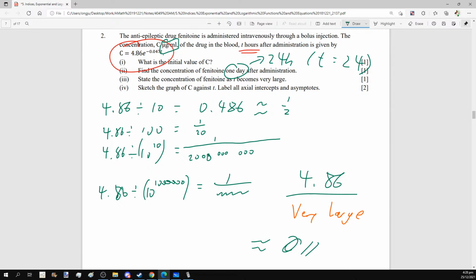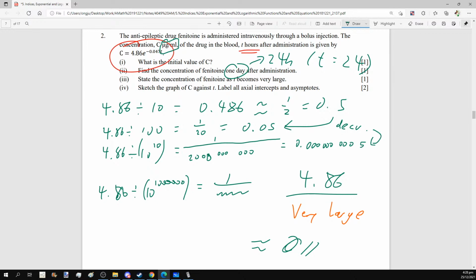Now the key then comes in converting everything to decimals. So half over here will be 0.5, 1 over 20 will be 0.05. You see that we have decreased, right? And over here, 1 divided by, that is a large number, 1 divided by 2 billion, right, is going to give us 0.00000000005.